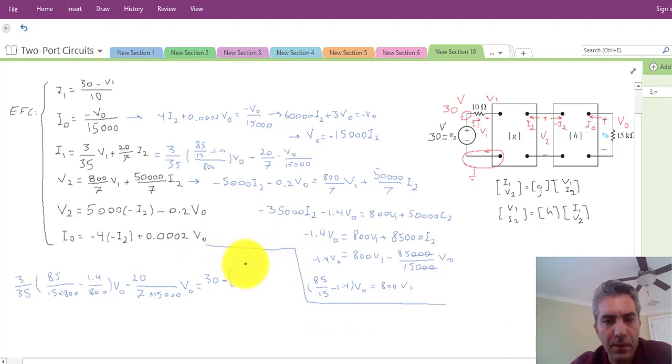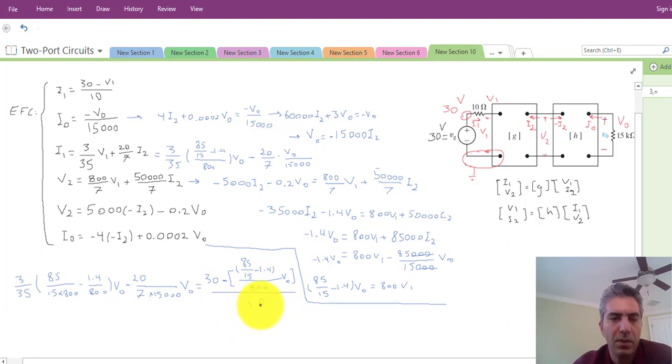It's 85 divided by 15 minus 1.4 over 800 V out, and the whole thing divided by 10.